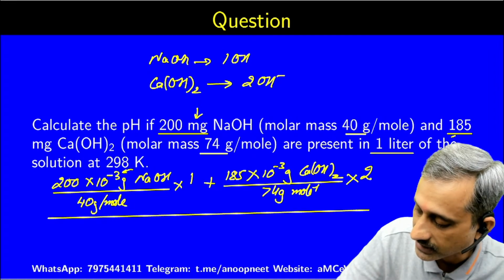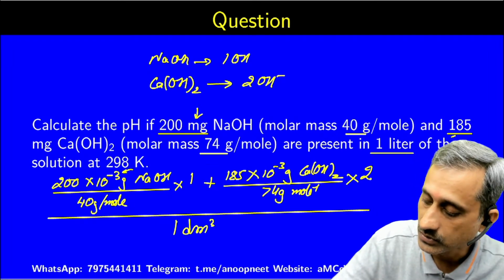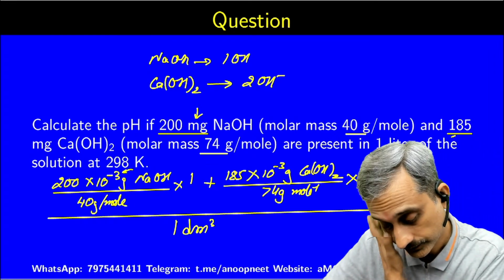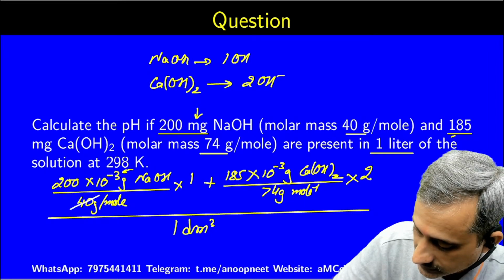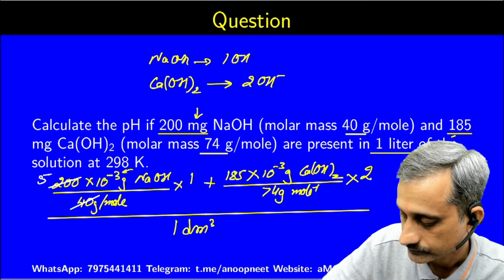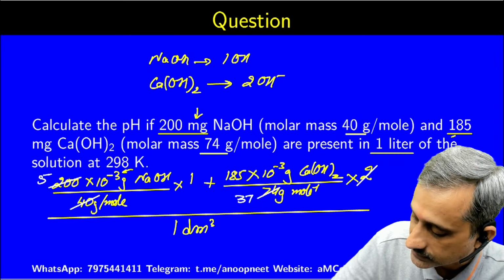Whole divided by total volume, that is 1 liter. चलिए अब इसको कैंसल आउट करते हैं। Let us cancel it out. ठीक है, 40, here it goes 5. ठीक है, 2, 74, 37, 37, 185, 5.